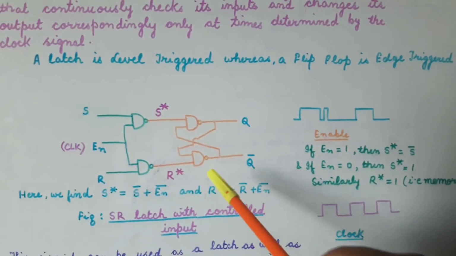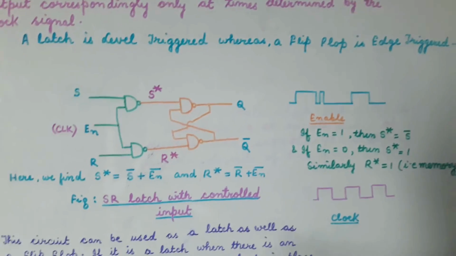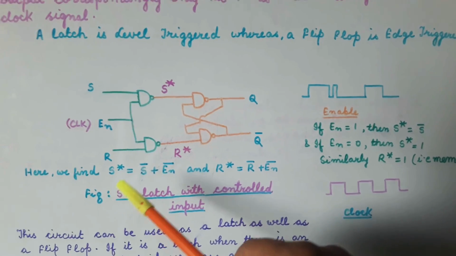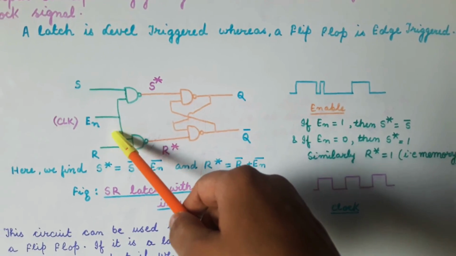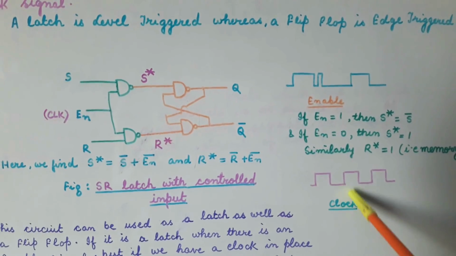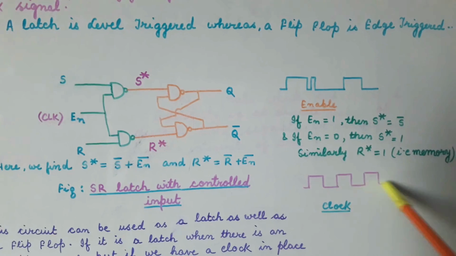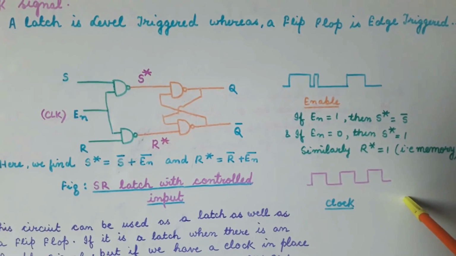Now let us see when the circuit will act as a flip-flop. It will act as a flip-flop when we are giving clock in place of this enable. And we know that a clock signal can be represented like this, and the duty cycle for a clock is 50%.